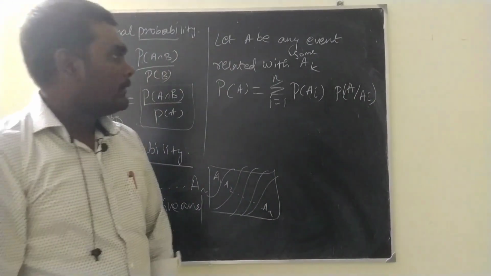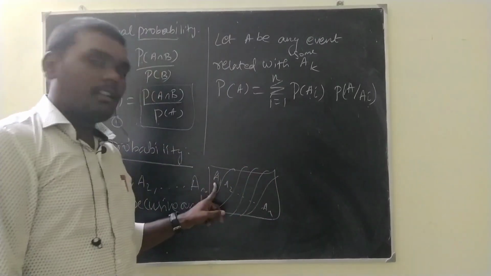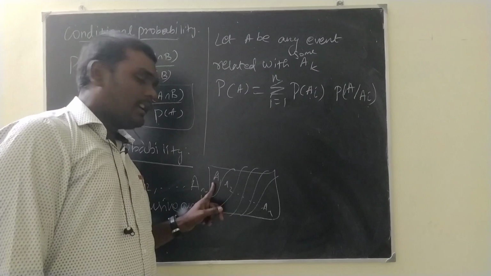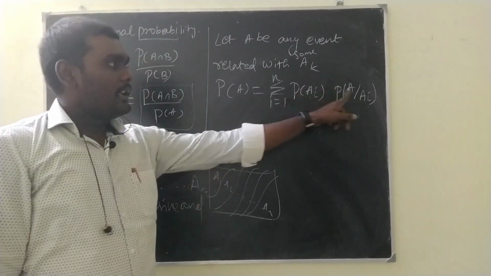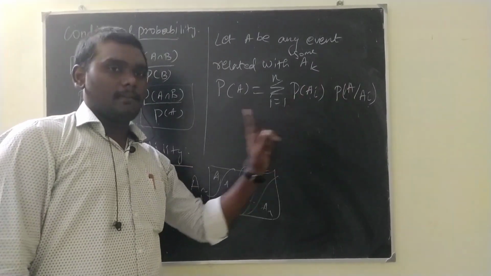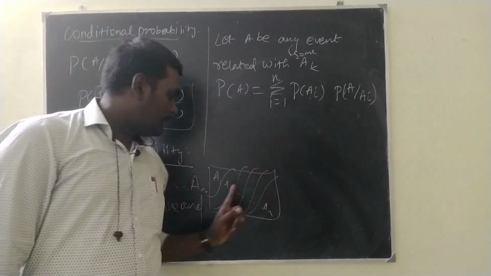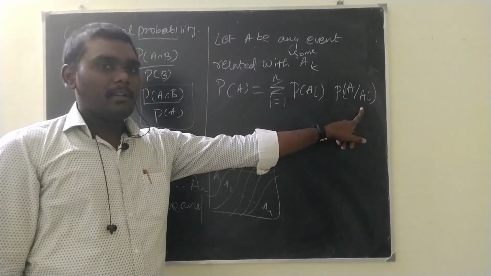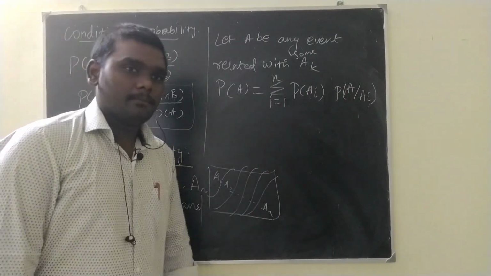Meaning what? Probability of the event A1 happening, after the happening of A1, A is happening, plus probability of event A2 happening, after the happening of A2, A is happening.